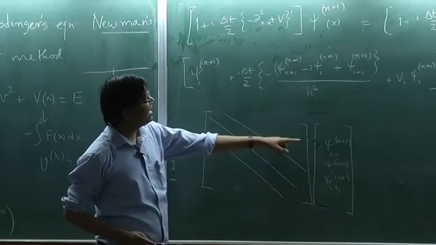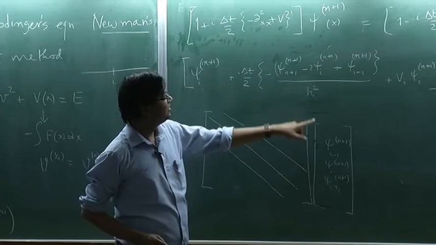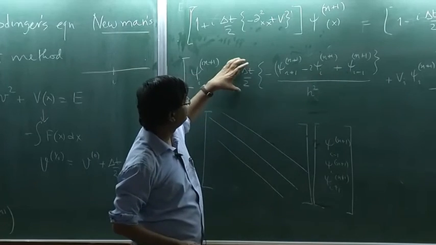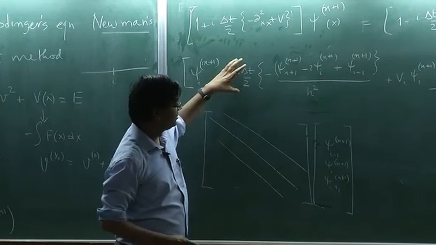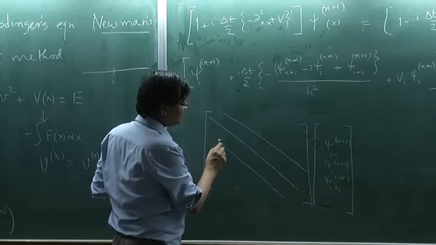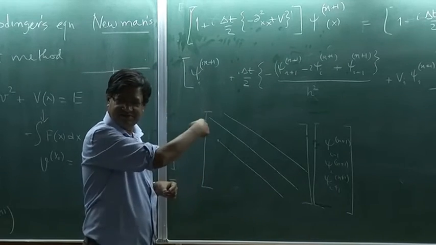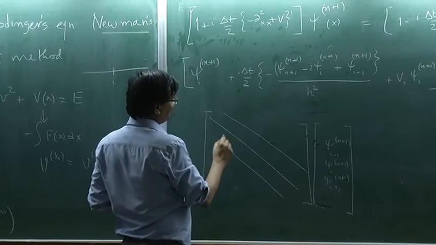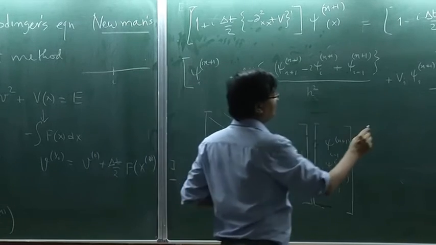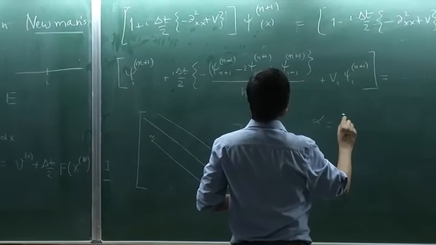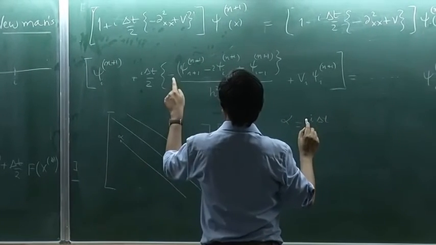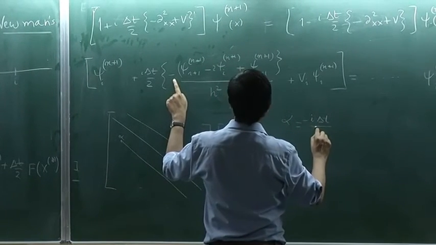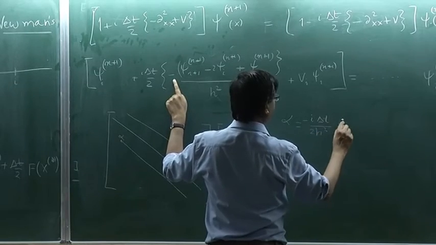So what is the coefficient of ψ(i−1)? It is only this. So this one will be off diagonal, to the left, and this is the term, let me call it alpha, alpha equal to minus i Δt by 2 h squared.